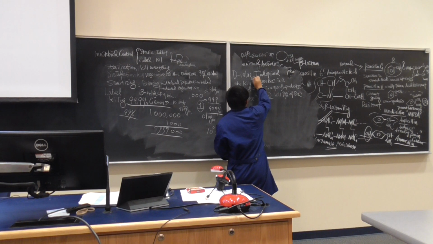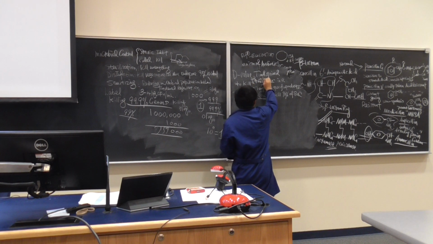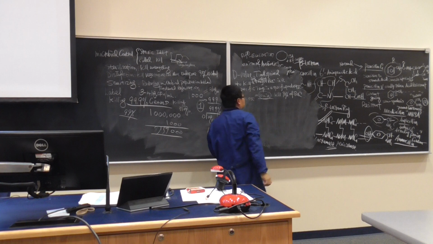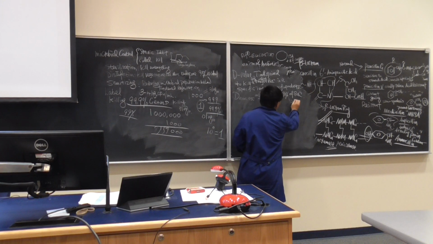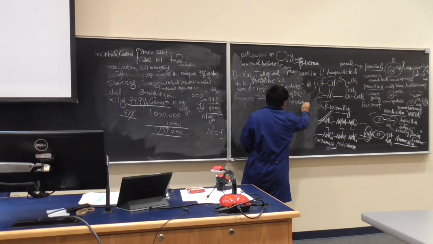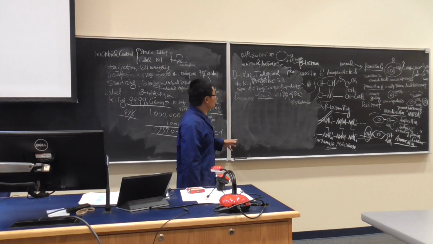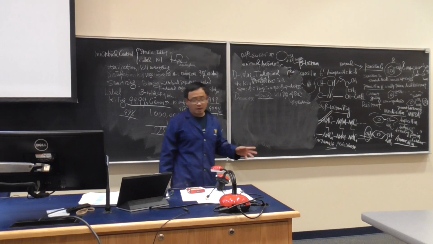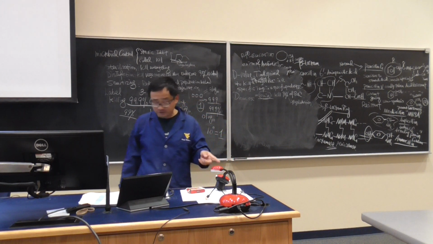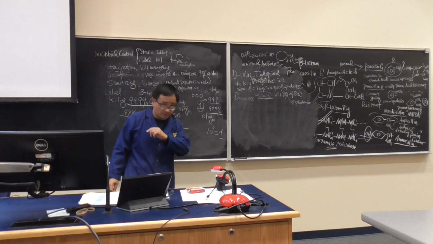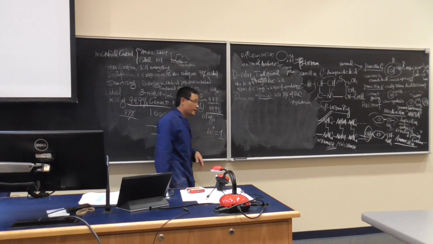Sorry, kill 90% of the bacteria, which means 1 log reduction. This equals 1 log. That is called the D-value. So, the time required to kill 90% of a target bacteria in a specific food at a specific temperature. That's the D-value.